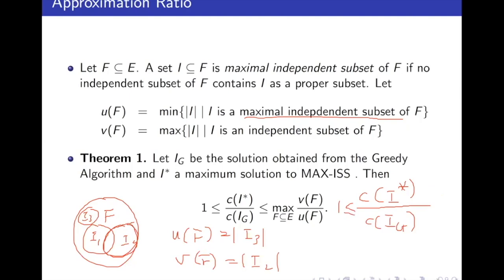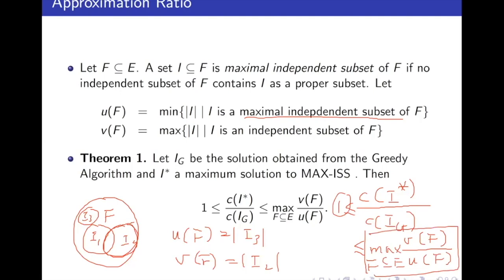The other direction says that this ratio is actually less than or equal to the maximum size of an independent subset of F over the minimum size of a maximal independent subset of F. This is for all F, which is a subset of E. The lower bound is straightforward, and for the upper bound, we have this.